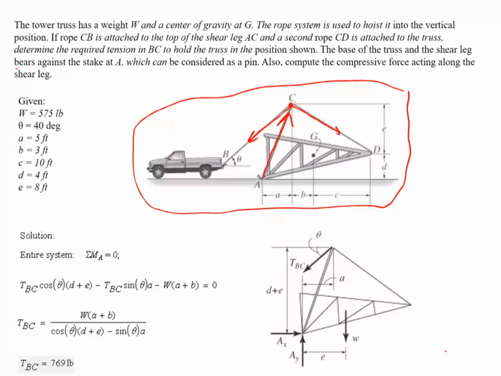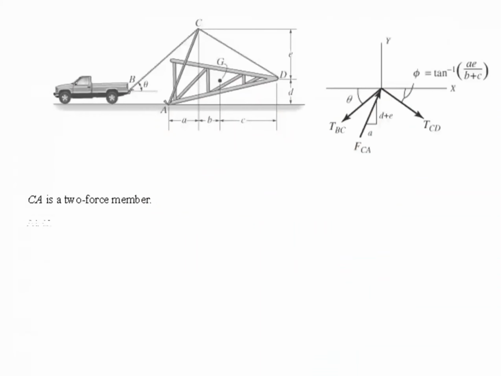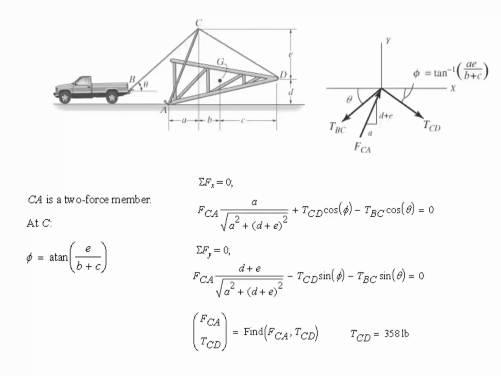If I do all the forces along Y, I will have the component of this one, and this one. 2 equations, 2 unknowns, you can solve it. That clear? Yes, sir. Okay. So I have got this one. See here.